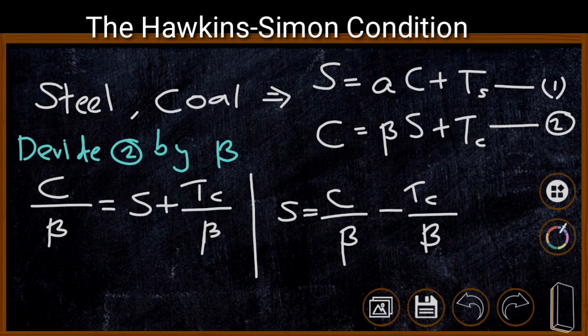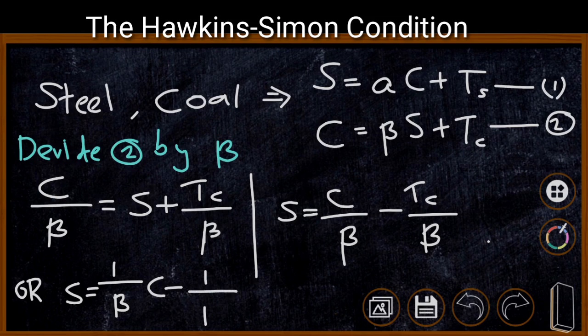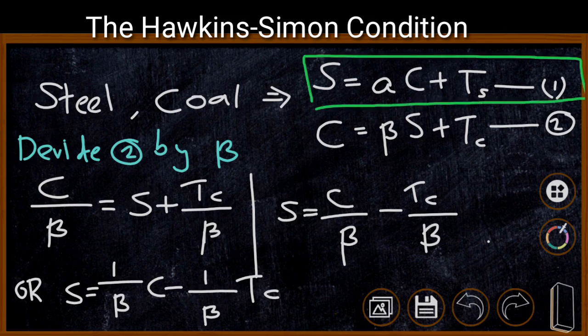Or we can write it as S is equal to 1 by beta into C minus 1 by beta into Tc. This is the third equation. Thus we have two demand equations of steel, equation number 1 and equation number 3.